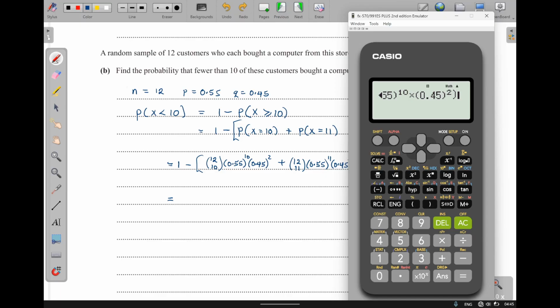That is one bracket, then plus I open another bracket which has 12 combination 11, which is the same as 12, then times 0.55 power 11, and then from there we multiply by 0.45 power 1, then plus, we shall come to this one here.